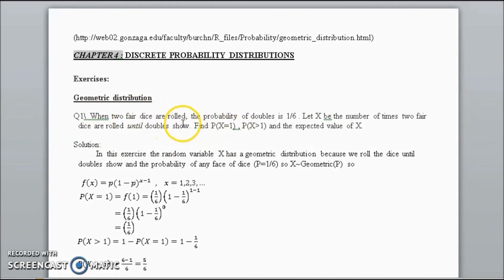To solve this question, we see the random variable X is distributed with geometric distribution.